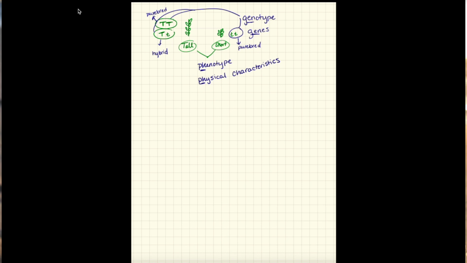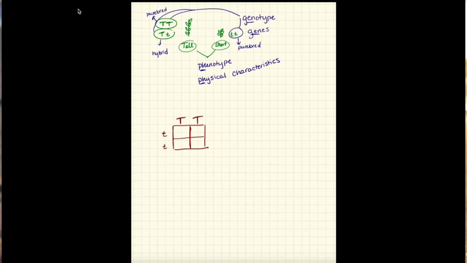Let's get to making a Punnett square. So let's mix 2 plants. And I'm going to make my Punnett squares red, I think. All right, let's mix two plants that are both purebred, but one is purebred tall and one is purebred short.